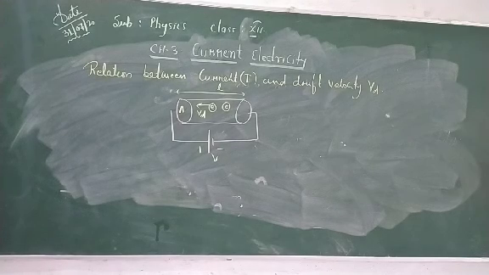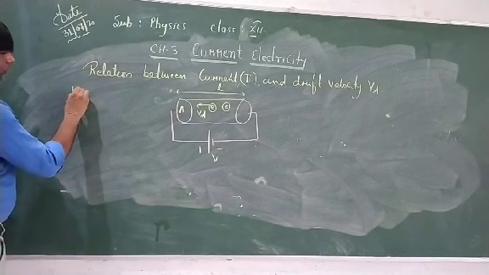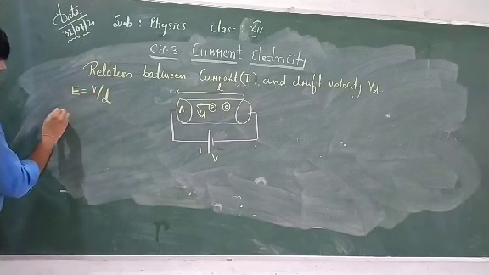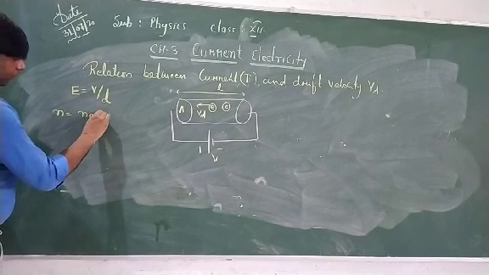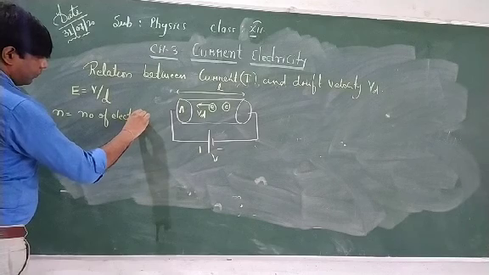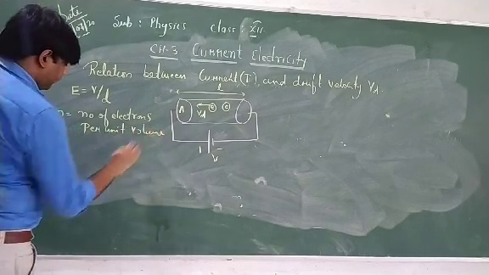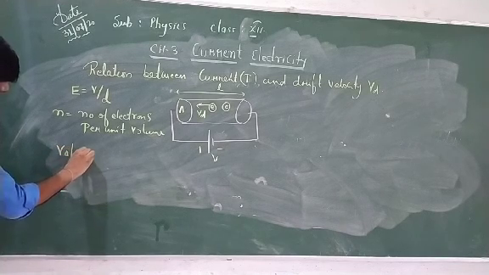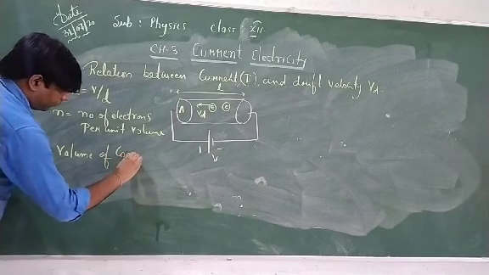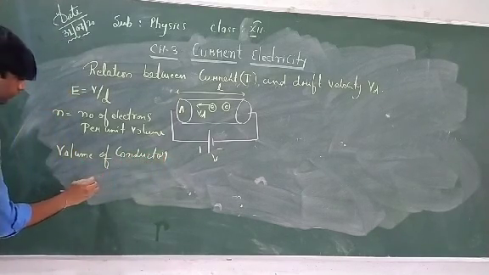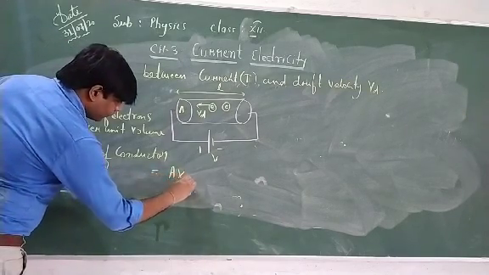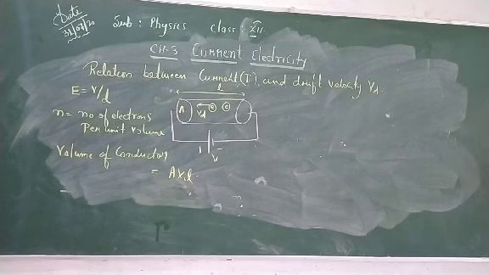Let us consider a conductor of length L. Its cross-sectional area is A, and the drift velocity is Vd, and you are applying a potential V. So the electric field E will be equal to potential divided by L. Now let us consider the number of electrons per unit volume.